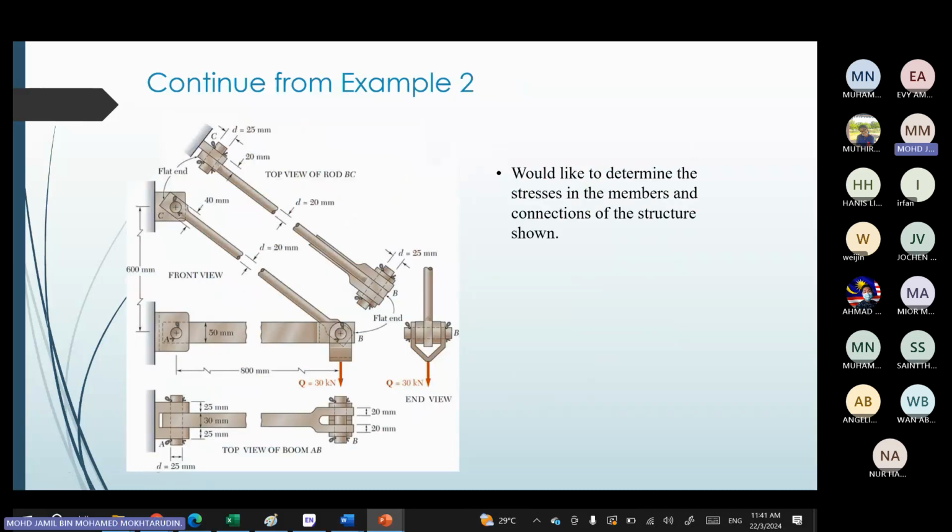Okay, this is a continuation from previous example tadi yang 40 kilonewton and 50 kilonewton tadi. Okay, this skip sikit. So would like to determine the stresses in the members and connection of the structure. So sekarang ni now we want to determine the stress at the support pula, okay, at this pin and also this pin.